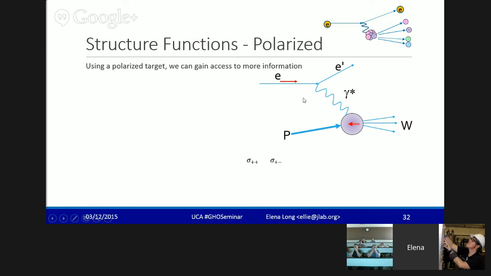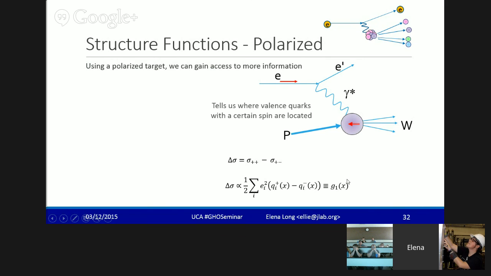So this plus state is saying the electron's spinning such that its vector is pointing to the right, and the minus would be spinning such that the vector is pointing to the left. And the difference between those gives us this difference in cross-section. And that difference in cross-section is neat because it's related to what the individual quarks inside the proton and neutron are doing. And that's what our definition for this G1 structure function is.